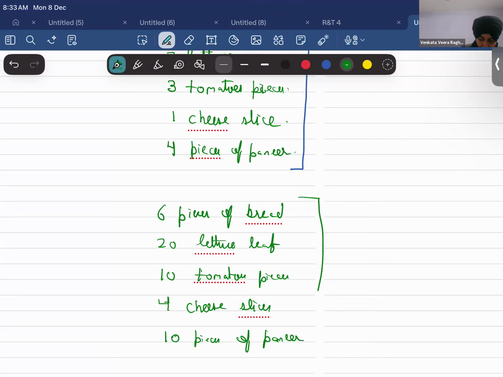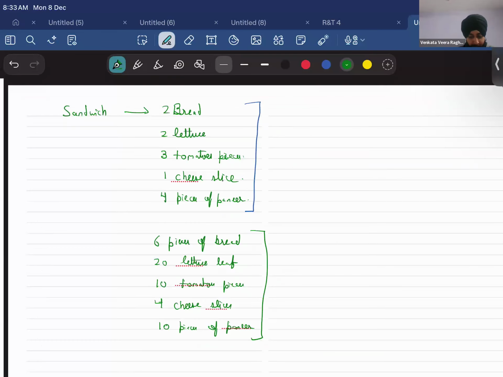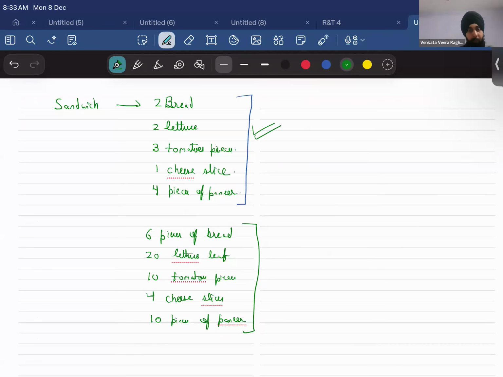With this information, how many sandwiches can you make, with one sandwich containing these things in the required proportions? Tell me quickly.